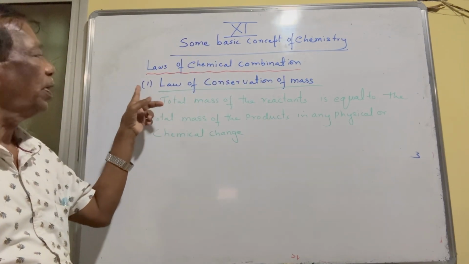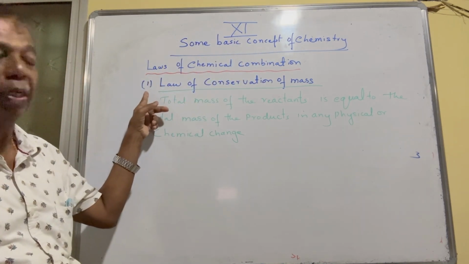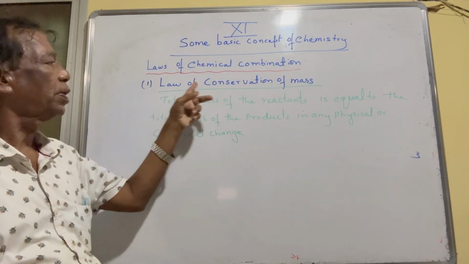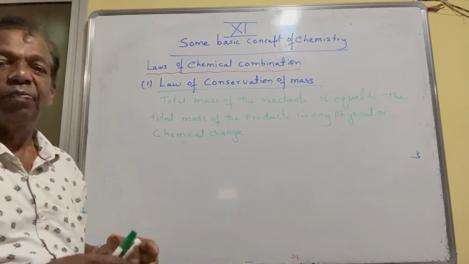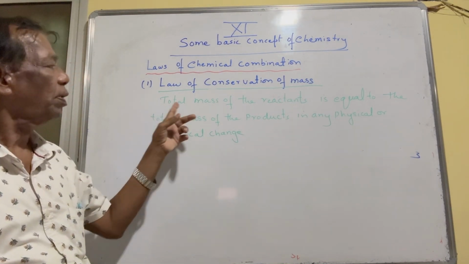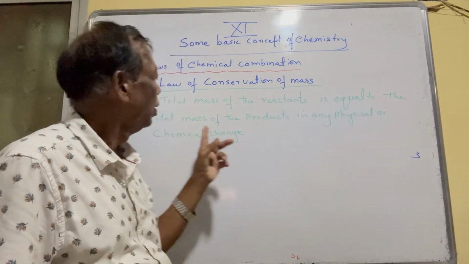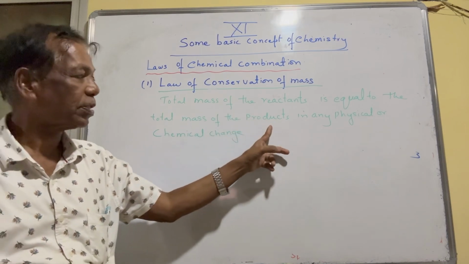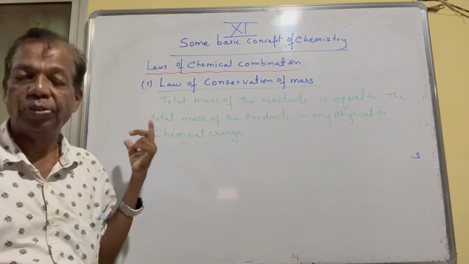Under this topic, some basic concepts of chemistry, first I am going to talk about the law of conservation of mass. Now what does this law tell you? Very simple. The total mass of the reactants is equal to the total mass of the products in any physical or chemical change.